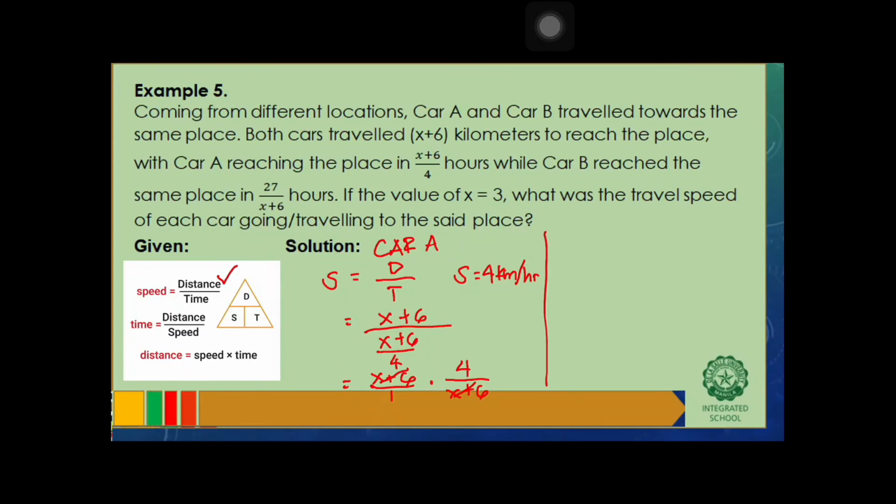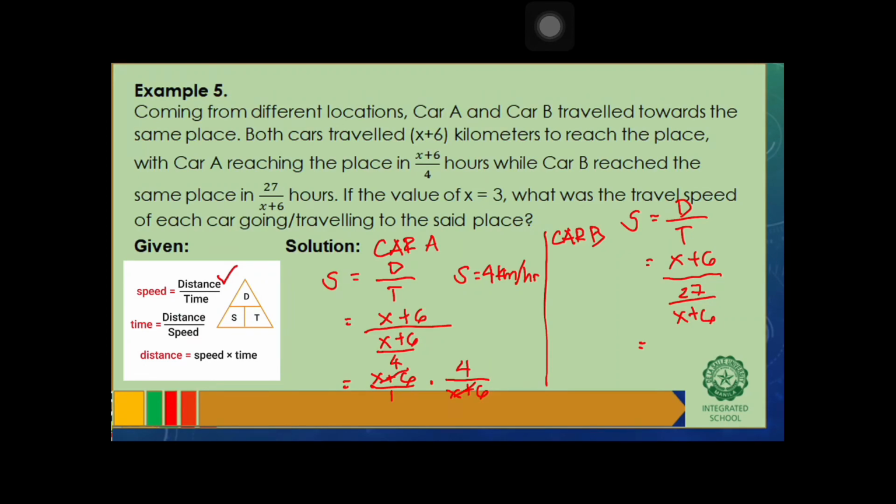For car B, again, we will be using the same formula: S is equal to D over T. For the distance of car B, we have x plus 6, and for the time of car B, we have 27 over x plus 6. After that, for you to get the quotient, if you divide x plus 6 by 27 over x plus 6, you need to rename your division into multiplication.